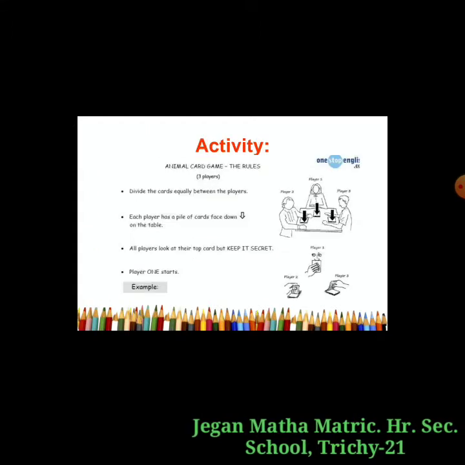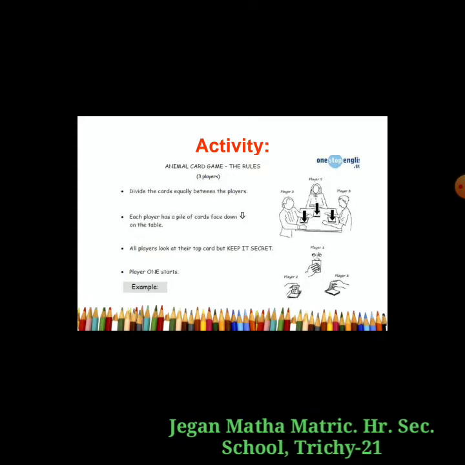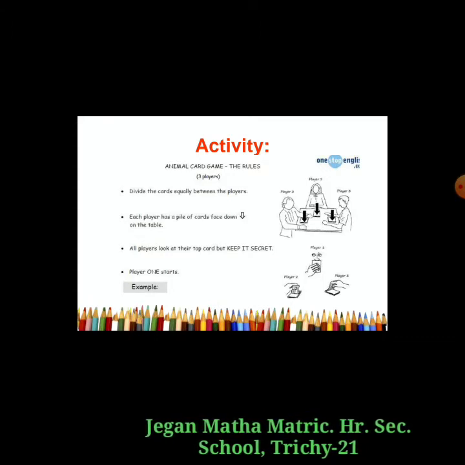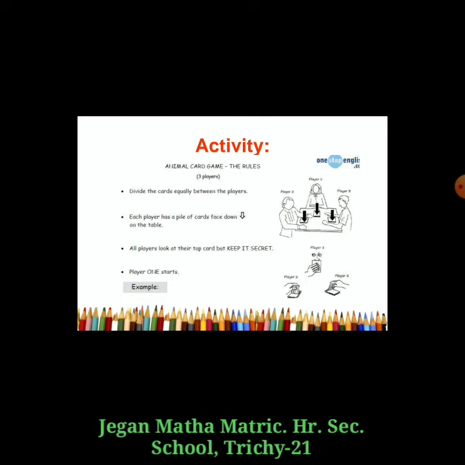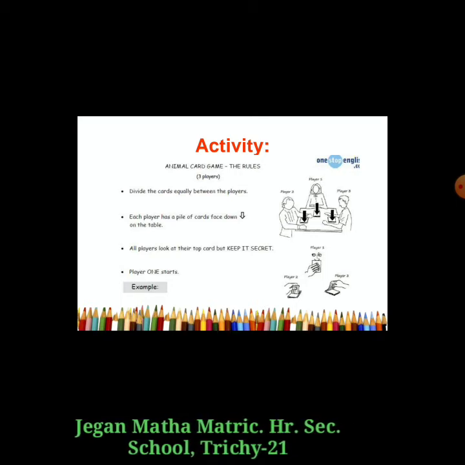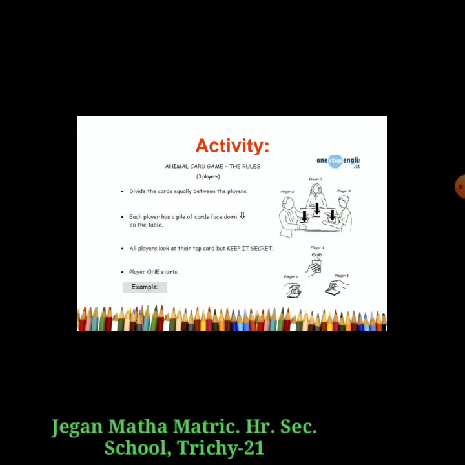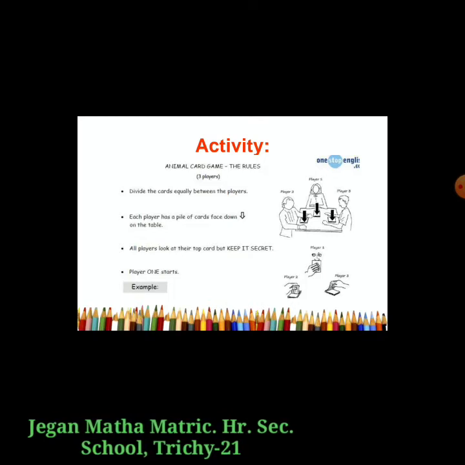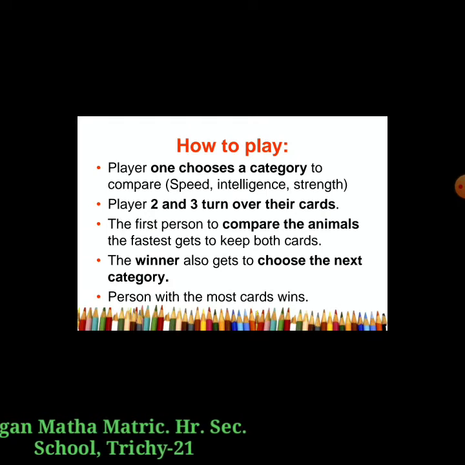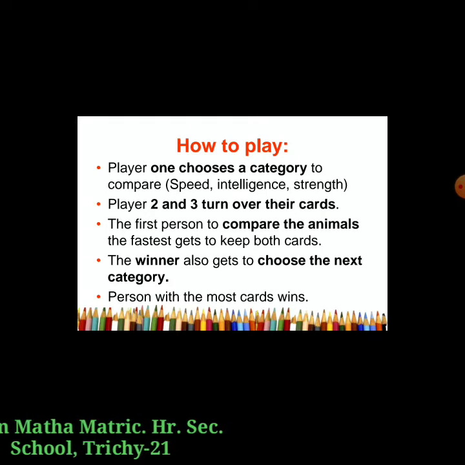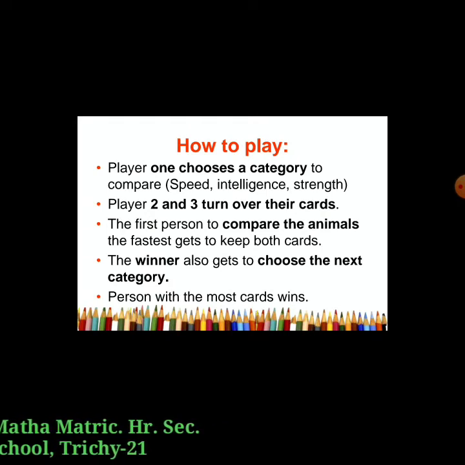Activity: animal cards game. The rules: 3 players. Divide the cards equally between the players. Each player has a pile of cards face down on the table. All players look at the top card but keep it secret. Player 1 starts. For example, how to play: player 1 chooses a category to compare: speed, intelligence, strength.